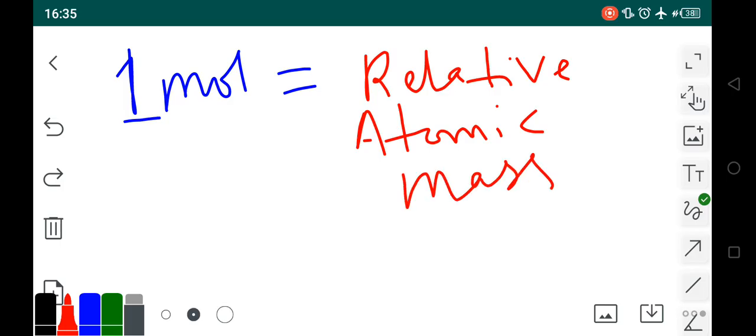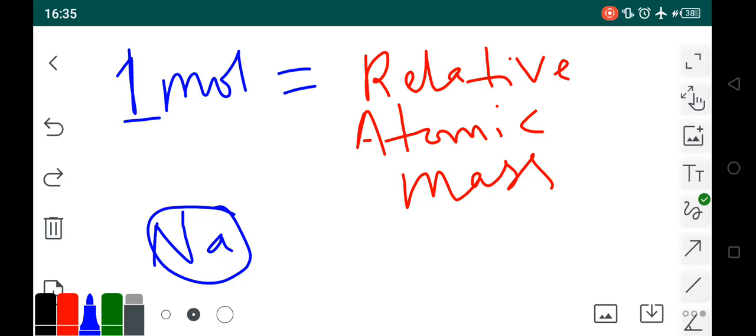What this means is that if you have 1 mole of sodium, it will contain as much as 23.